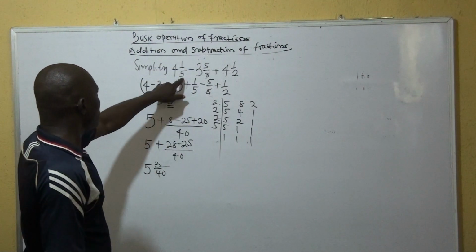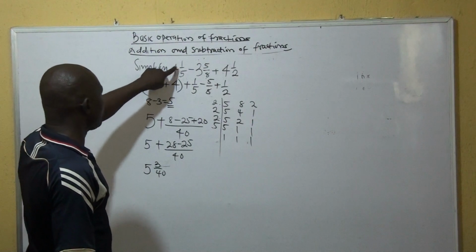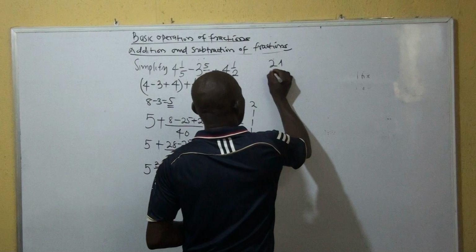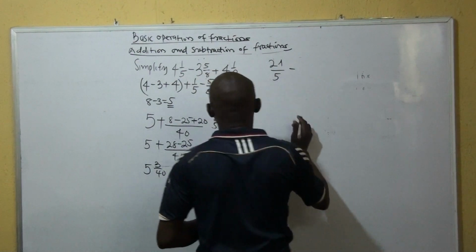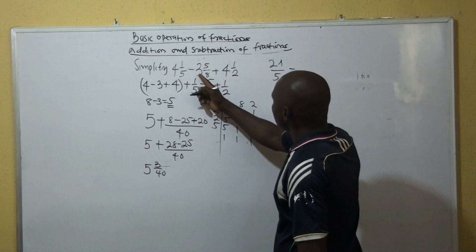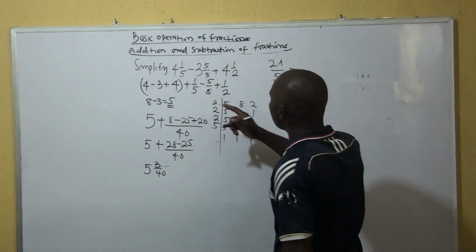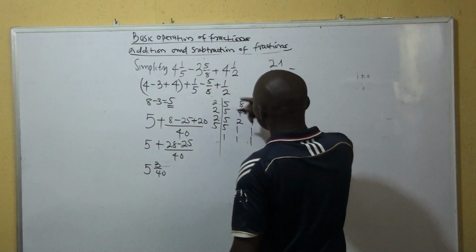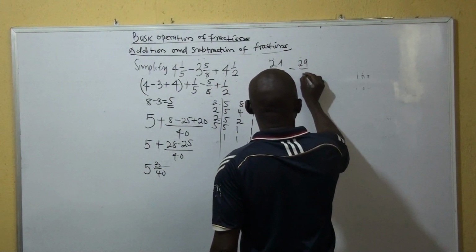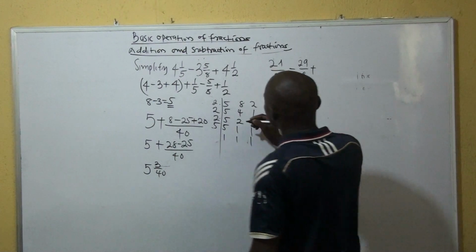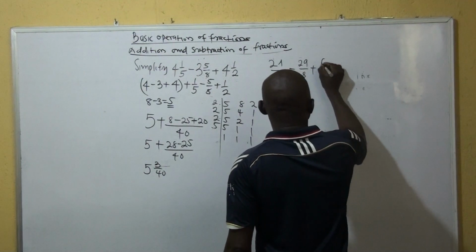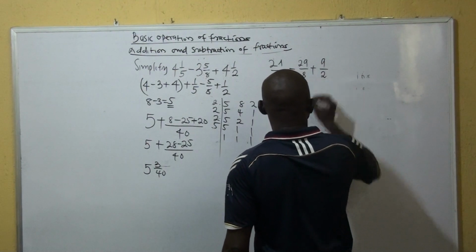So in that case, 4 times 5 is 20 plus 1, that gives 21 over 5, minus 8 times 3 is 24, 24 plus 5 is 29, so here we have 29 over 8, plus 2 times 4 is 8, 8 plus 1 is 9, so this becomes 9 over 2.